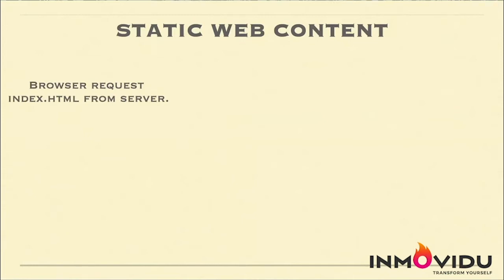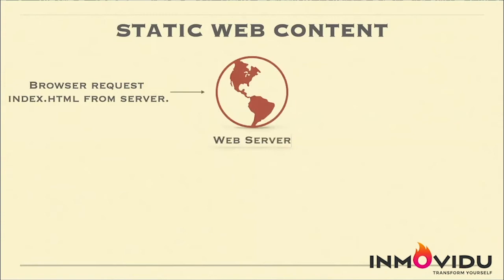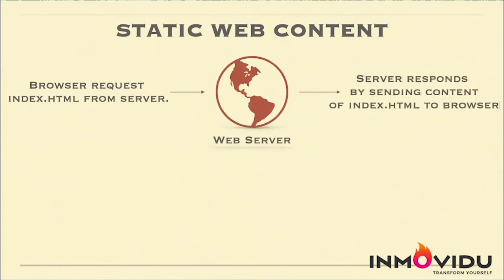When we click on any site URL in the browser, it requests the server to give index.html. The web server searches for that data and gives the output in the browser. The server responds by sending the content of HTML, that is index.html, to the browser.